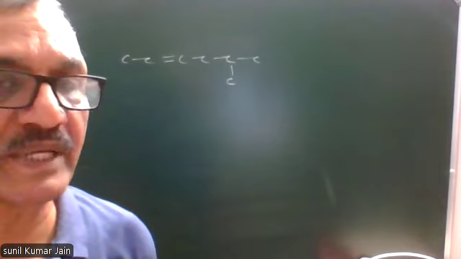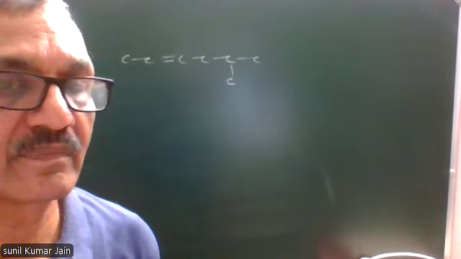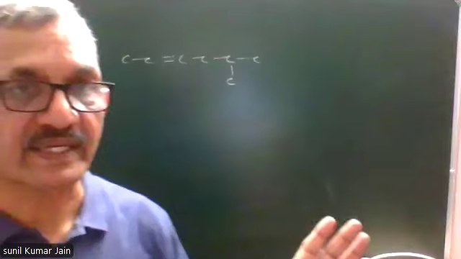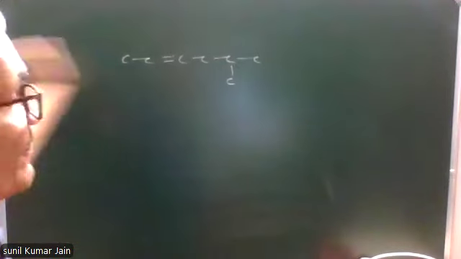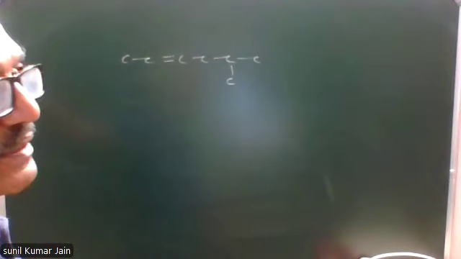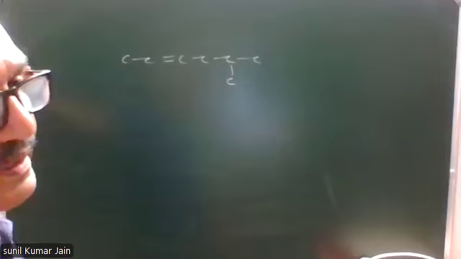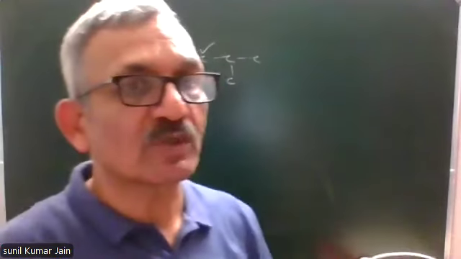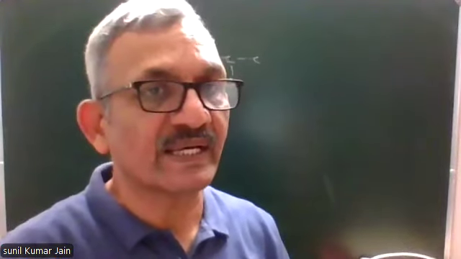How many allylic carbon atoms? 2 is correct. Start from the left. Tell me the carbon numbers. 1 and 4. These are allylic carbon atoms. If you attach an OH group to any one of them, that will be an allylic alcohol.